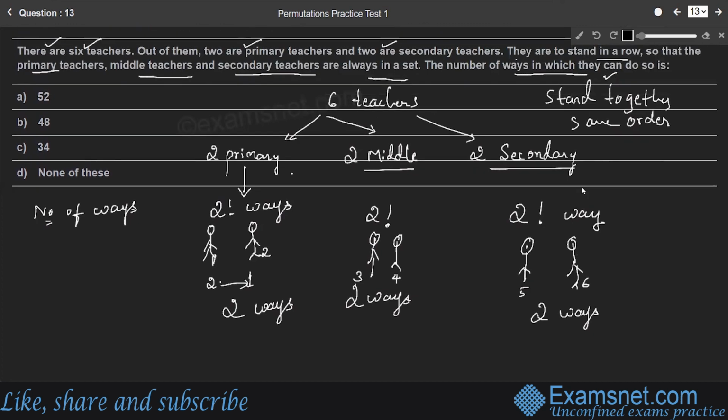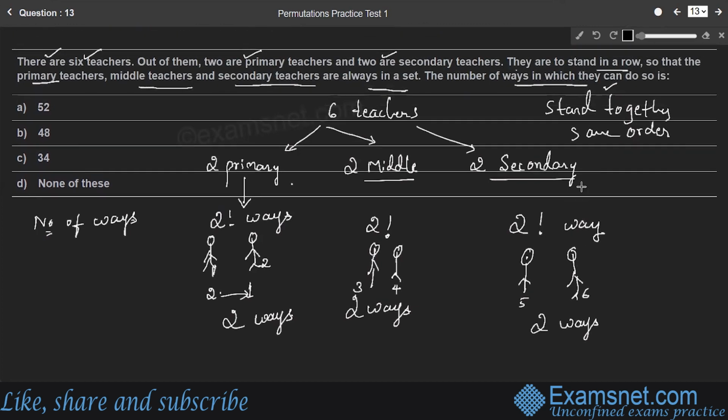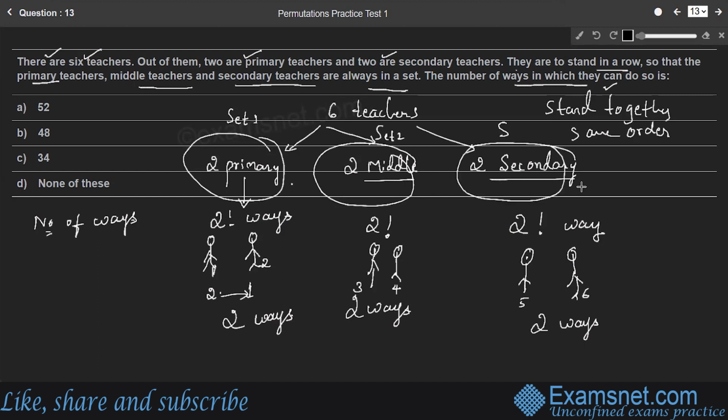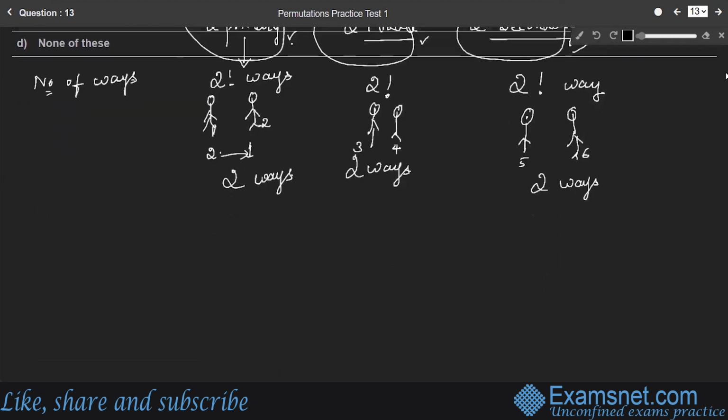So now come to the set of two teachers. So two primary teachers, we'll take it as set 1. Set 1 contains two primary teachers, set 2 contains two middle teachers, and set 3 contains two secondary teachers, right? So the number of ways in which the whole set of teachers can stand, you can just interchange set 1, set 2, set 3.